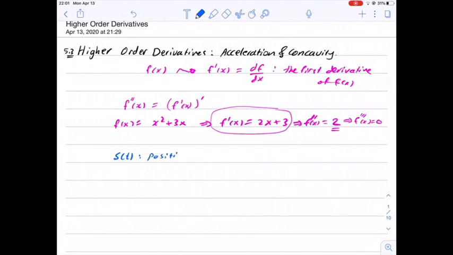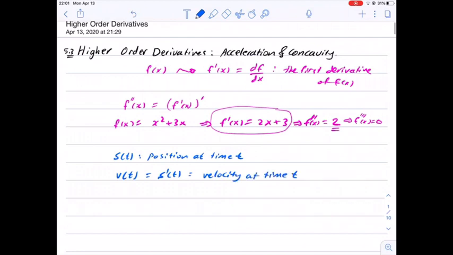So s of t denotes the position of a particle or object at time t. And s prime, the derivative of this, is the velocity. Velocity of t is s prime, the derivative of the position.